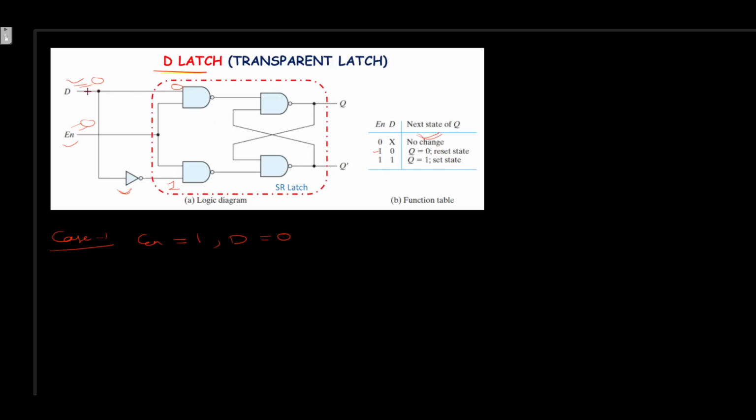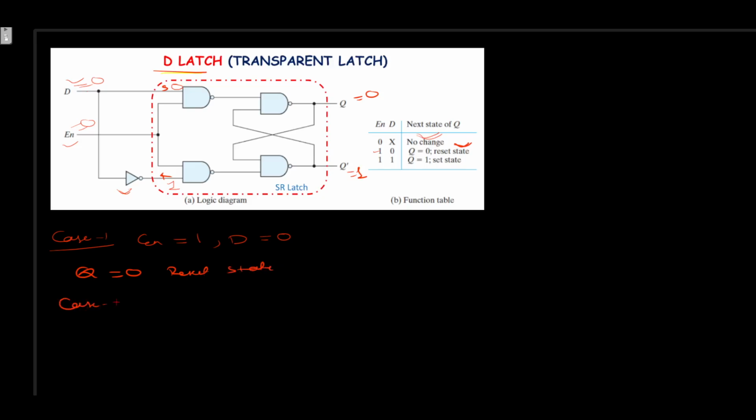So basically I can write here S and R. With 0 and 1, the value of Q will be 0 and Q dash will be 1, so Q will be in the reset state. When the value of D is equal to 0, Q is equal to 0, which is the reset state.